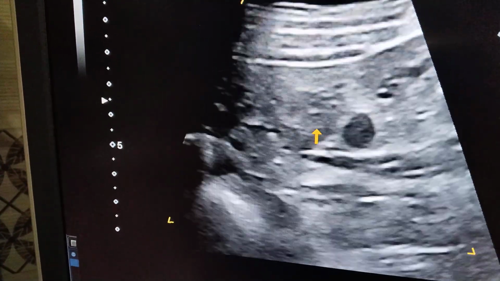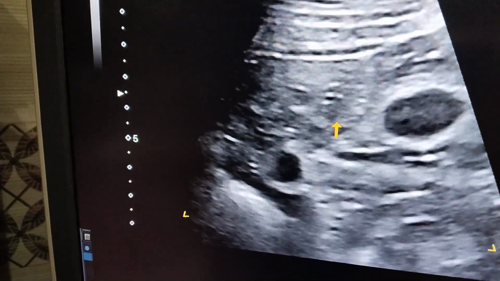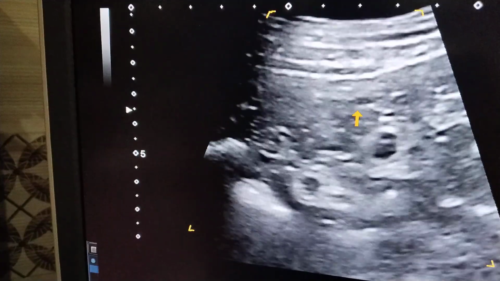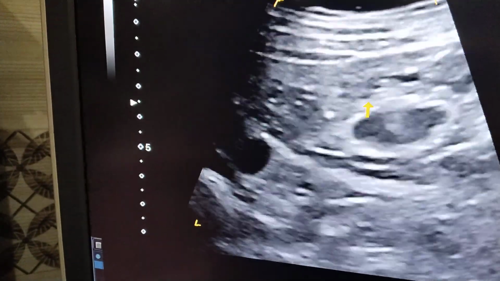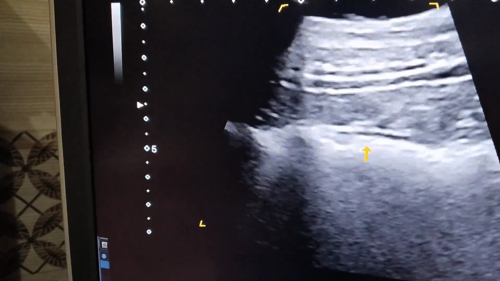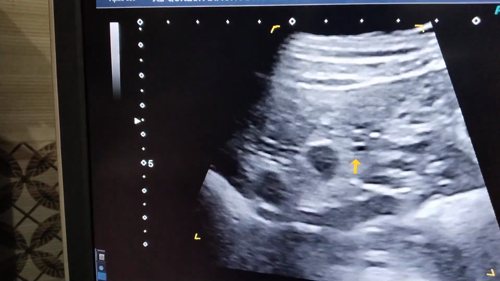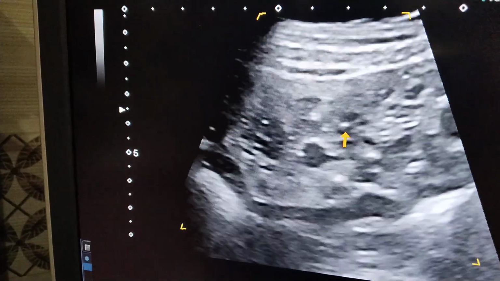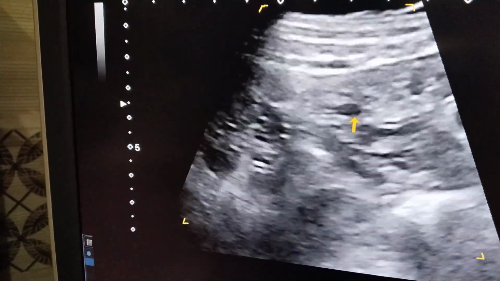And I have seen the other abdominal structures. No such findings are seen. Patient is not having any ascites. Only she feels heaviness and the pain, cyclic pain on the right side of the abdomen.